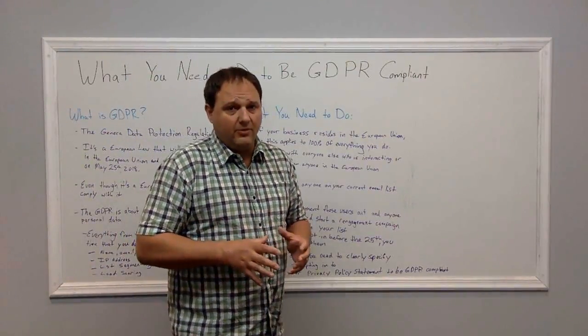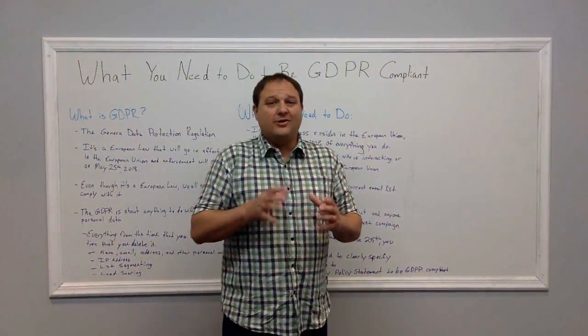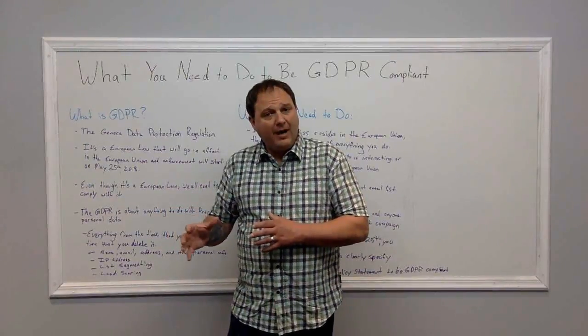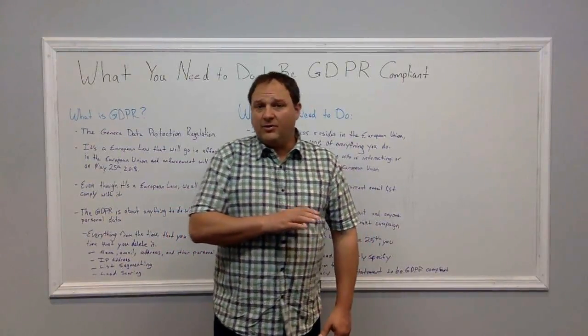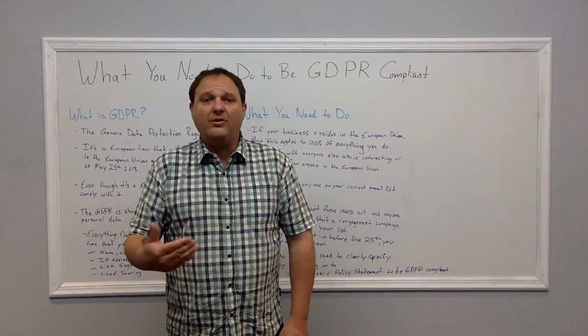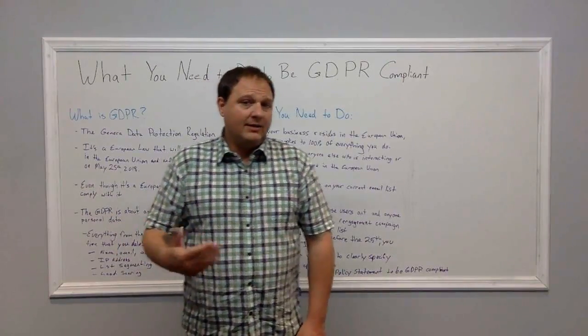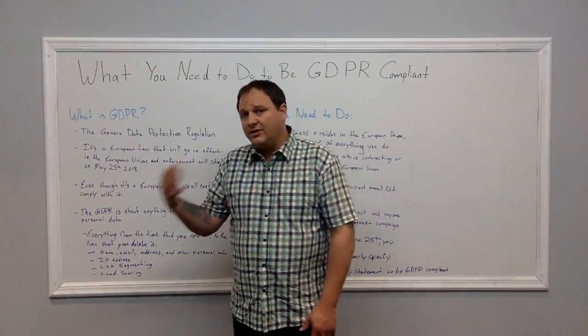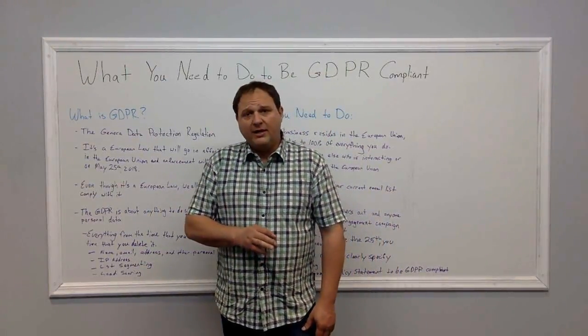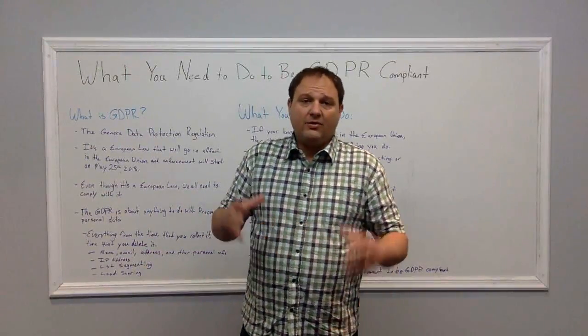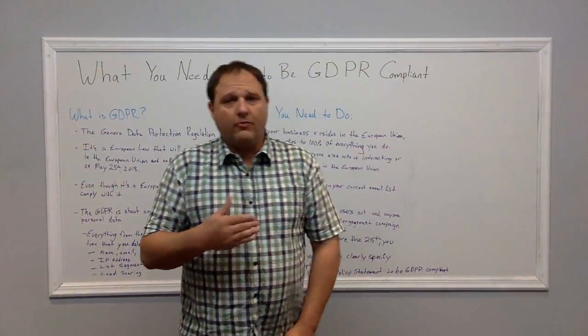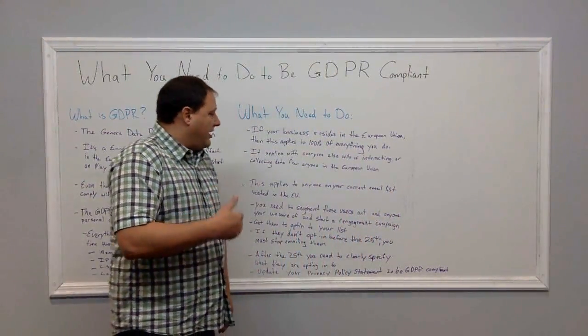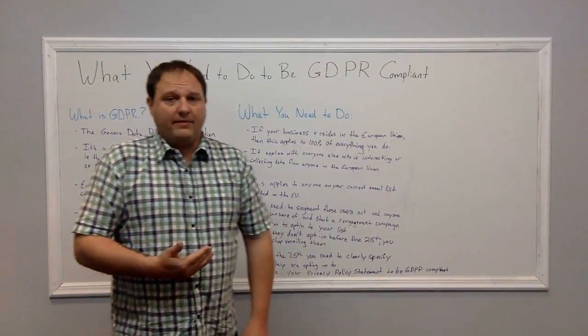What you need to do with your current list is go through and segment these people out, and anyone that you're not sure of. How you do this is by IP address. If you don't have IP address data and you're not sure of where they're located, then you need to group them into this group. And what you should do is start a re-engagement campaign for them.